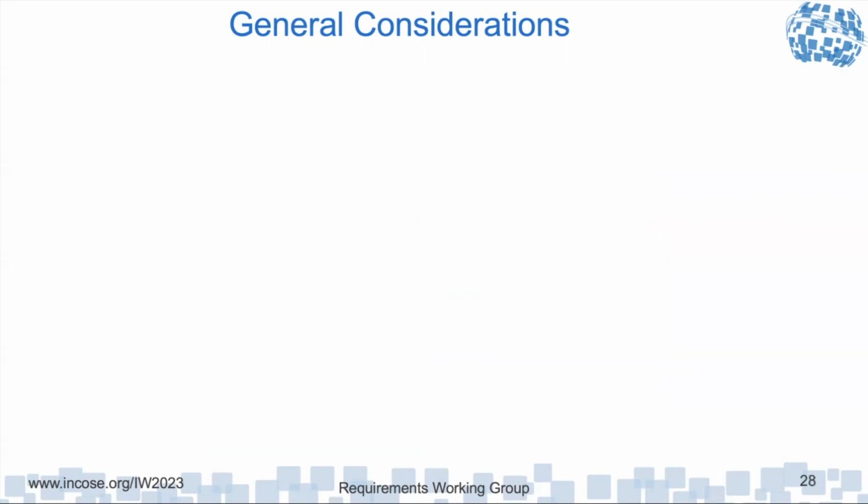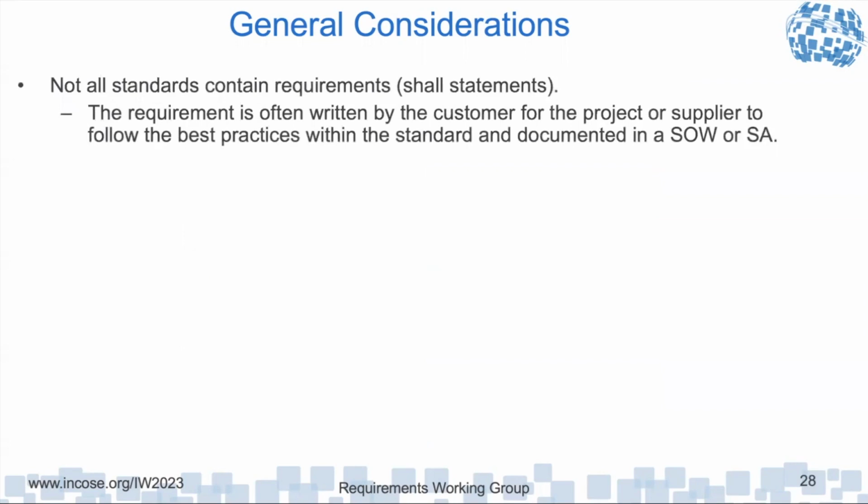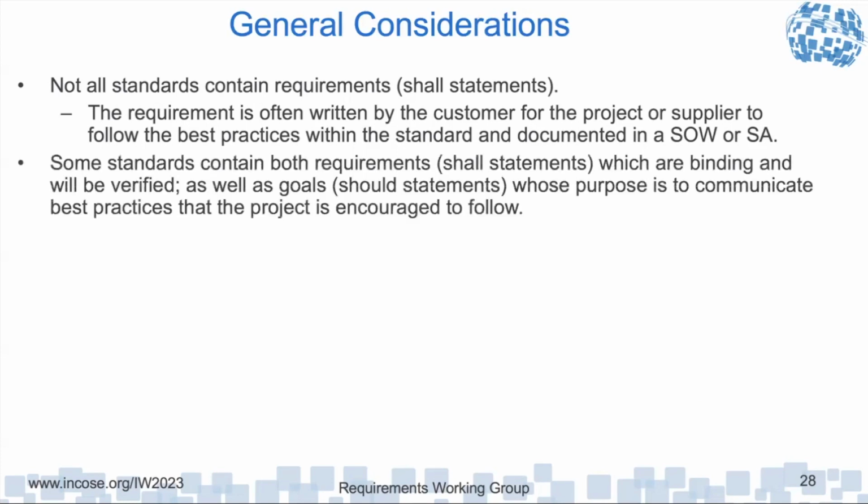And then not all standards contain requirements, the actual shall statements. There's a requirement that invokes the standard in the shall statement, but within the standard, it may not have any shall statements. Some standards have both shall statements, which are binding and will be verified, as well as goals, which are should statements whose purposes communicate best practices that the project is encouraged to follow.